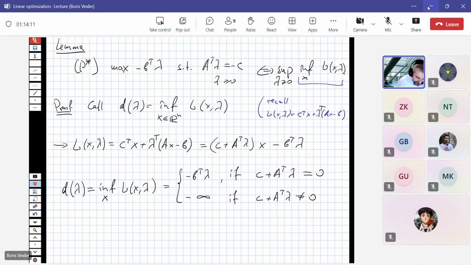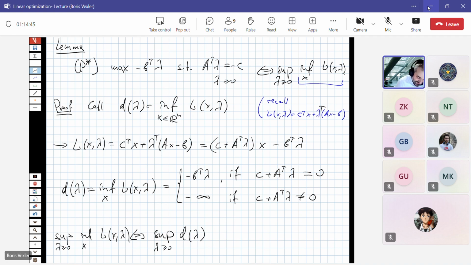Therefore, if we consider the supremum over all non-negative lambda of the infimum over all x of L of x lambda, this is the supremum over all lambda of d of lambda. If you try to maximize d of lambda, only the first case is of relevance, since minus infinity is not good for maximization.